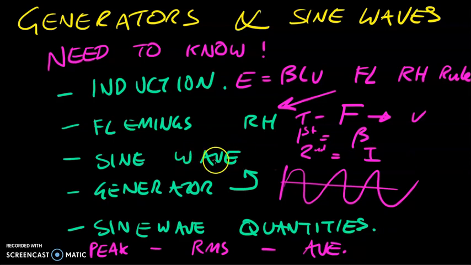And a sine wave is what happens if we take the angle of rotation, theta, remember that's the Greek letter theta there, take the sine of the angle of rotation and multiply it by the peak voltage, and that gives you your instantaneous value, which then plots your sine wave. There we go. Good luck with the exam today.